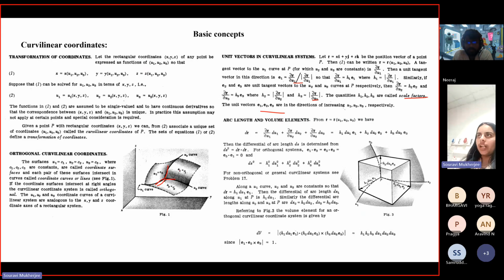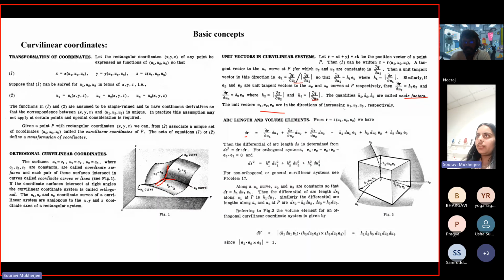Now suppose you have a differential dr, which you can write as del r del u1 du1 plus del r del u2 du2 plus del r del u3 du3, right? This is how you normally define a differential.